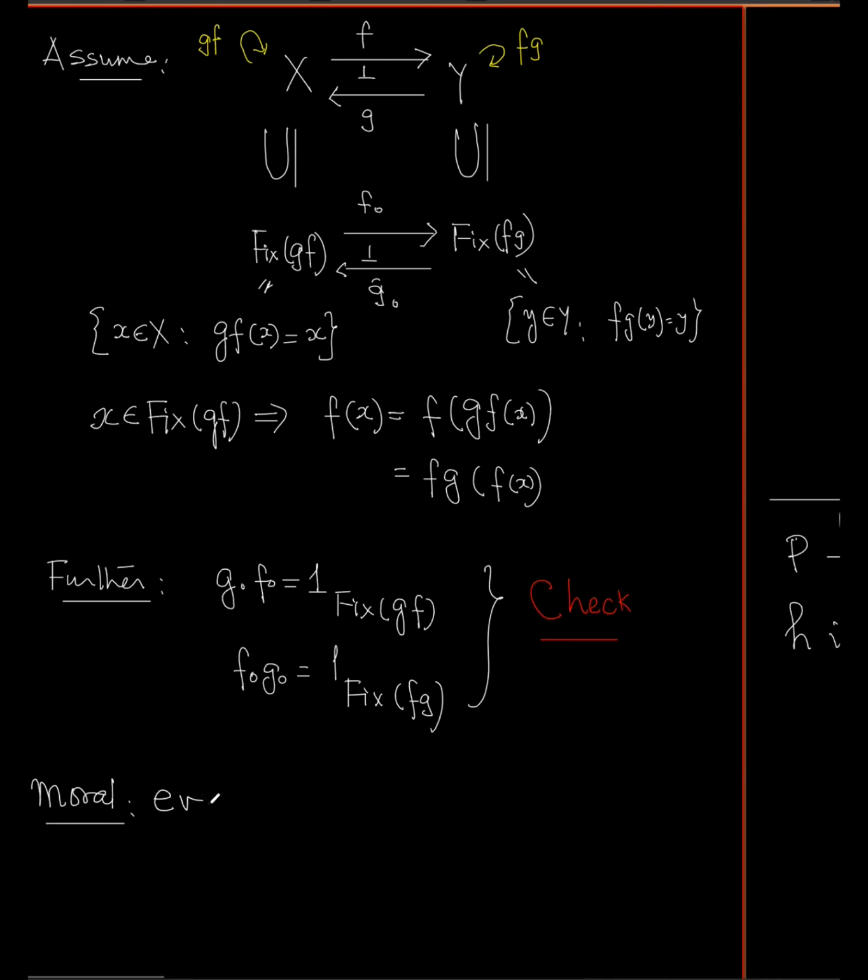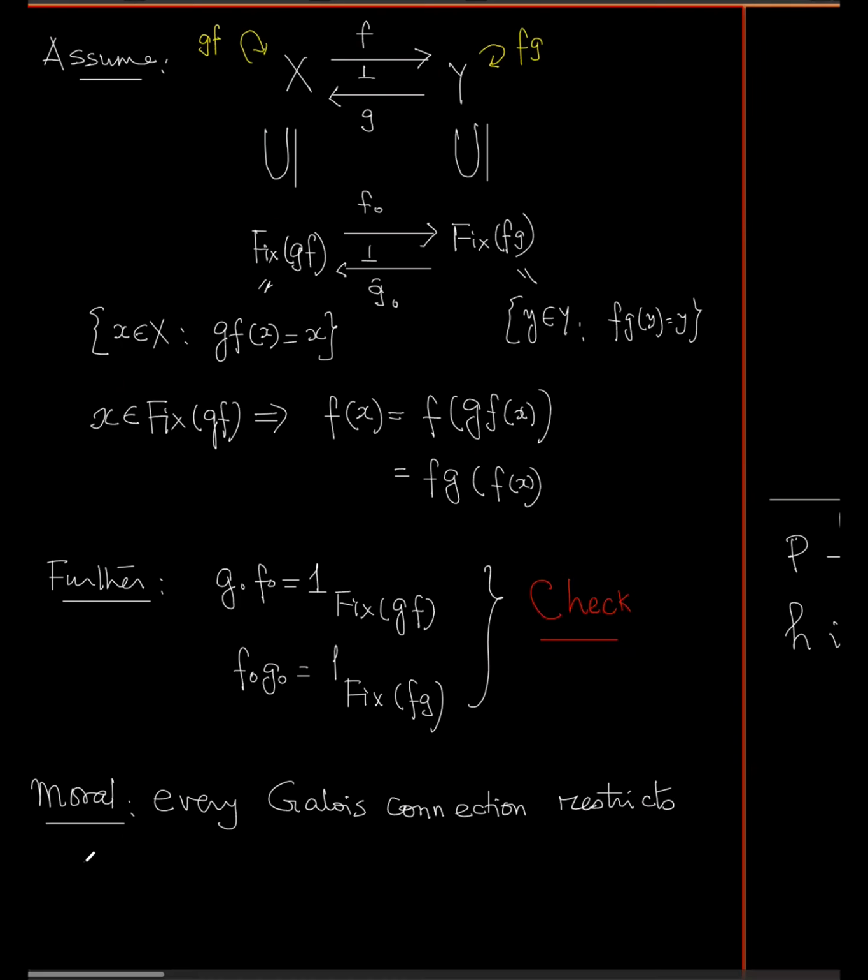So the moral is: every adjunction, or every Galois connection, restricts to an isomorphism of two posets.